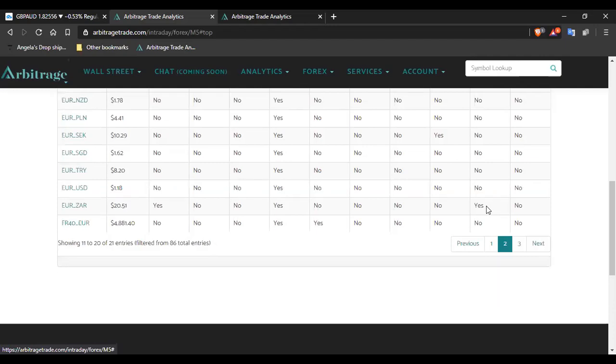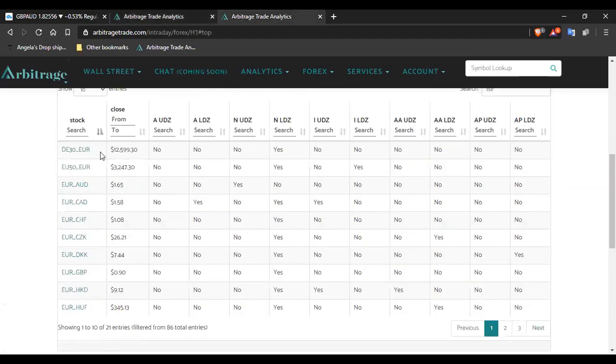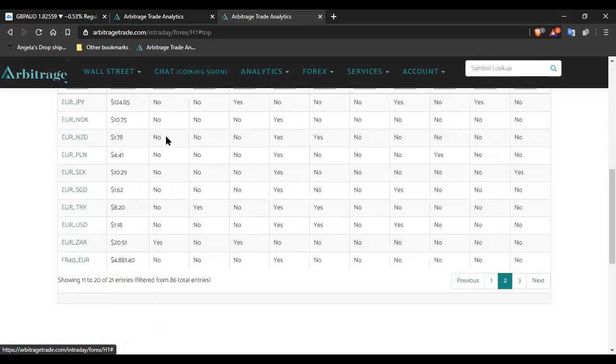Upper danger zone. Okay, then let's go on to the 1-hour time frame. Make sure that that's confirmed. Oh, EURCAD on the 1-hour is showing that it's at the lower danger zone. So I'll take a look at that. EURCAD, lower danger zone, 1-hour only. Okay, everything else is showing no. Yes for EURTRY.